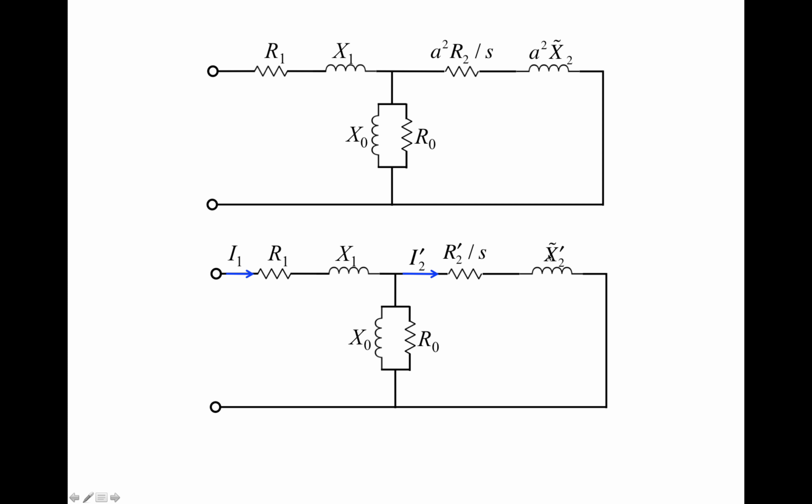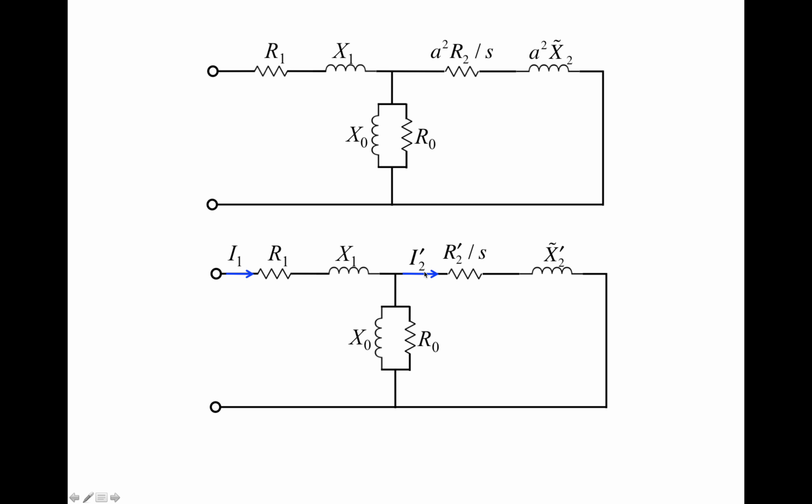That's a convention used quite widely in the literature. And the current that flows through this rotor side circuit is represented as I2 prime.